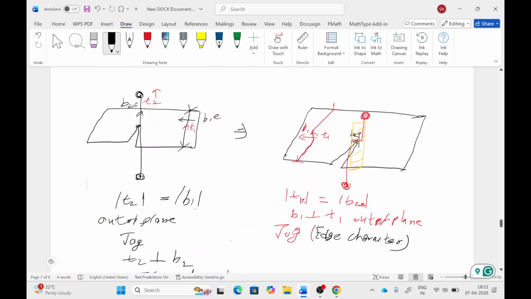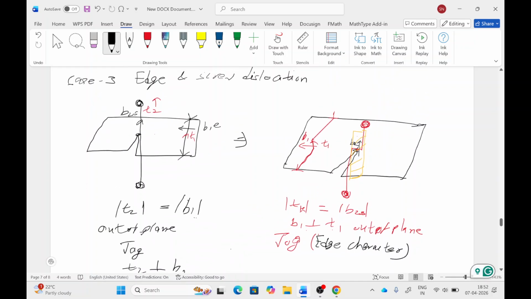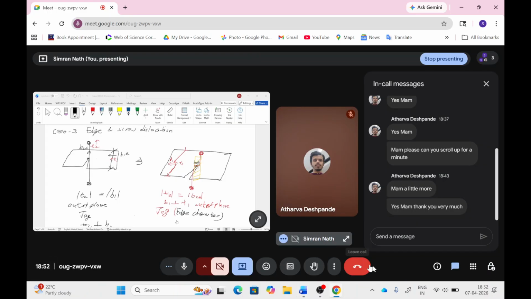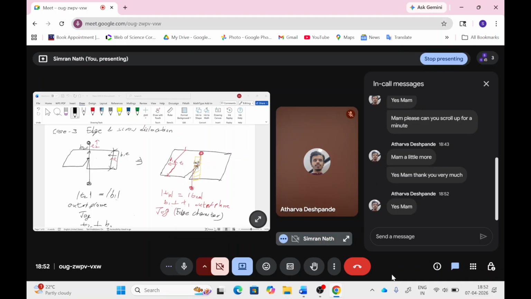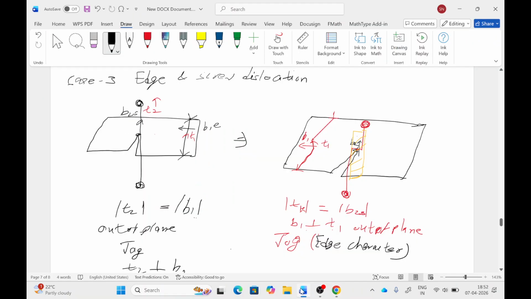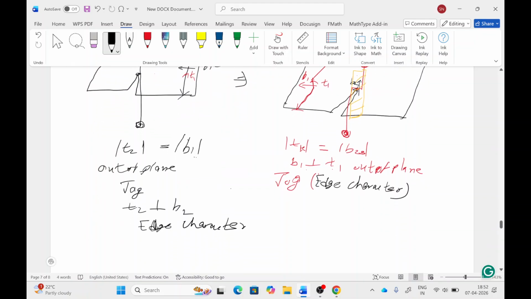Okay, so in the case where edge and screw dislocation interact, both jogs will form of edge character.